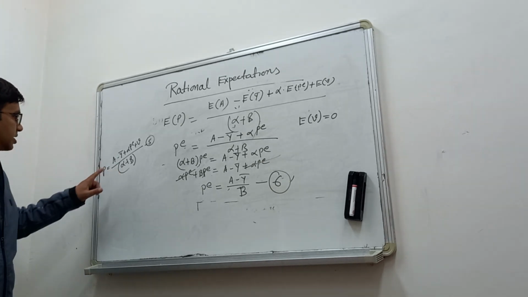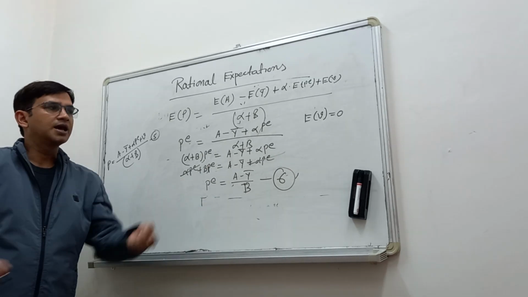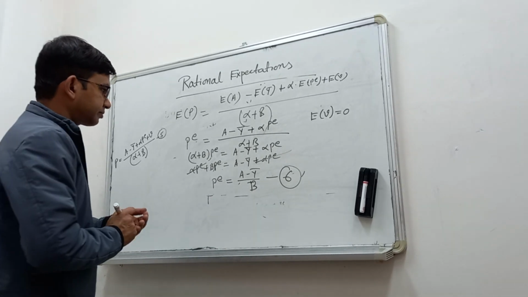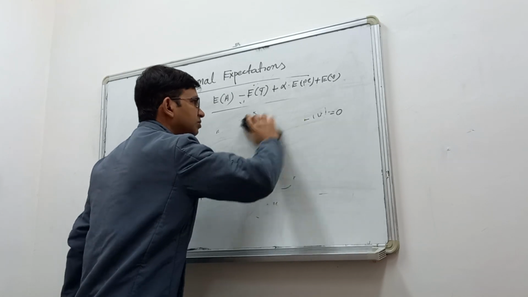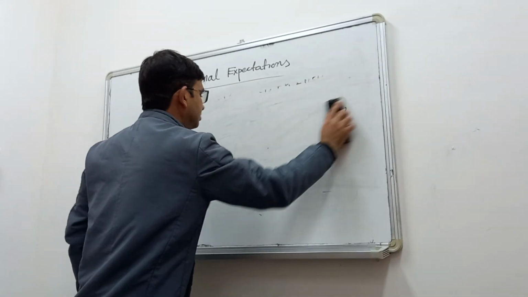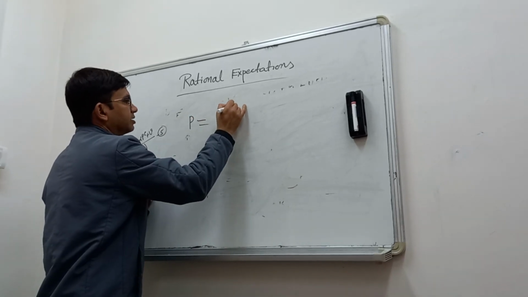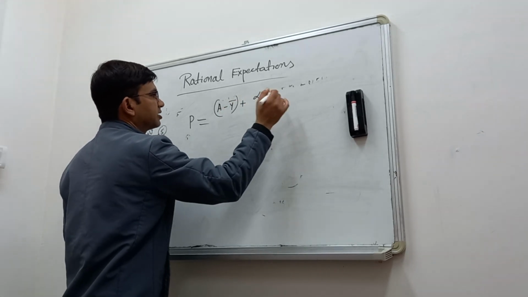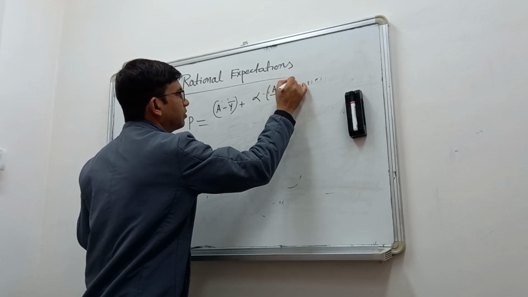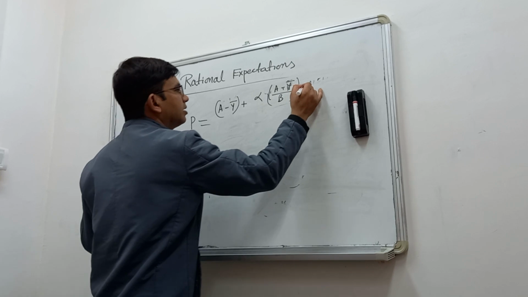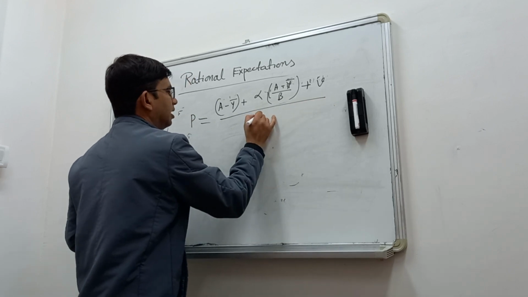So now in equation 5, we will replace the value of Pe which is given in equation 6 and then we will calculate it. So P equals A minus y bar plus alpha, replace the value, A minus y bar divided by b, plus v, whole divided by alpha plus b.